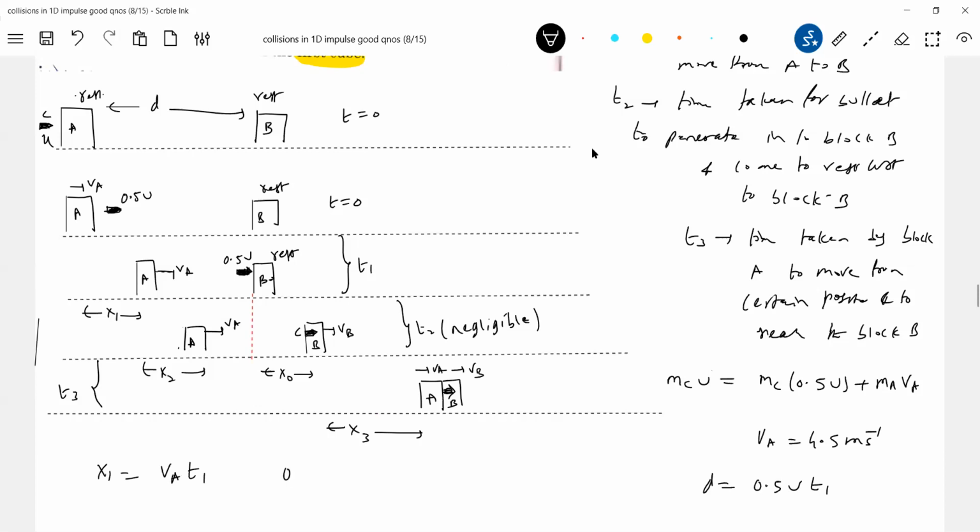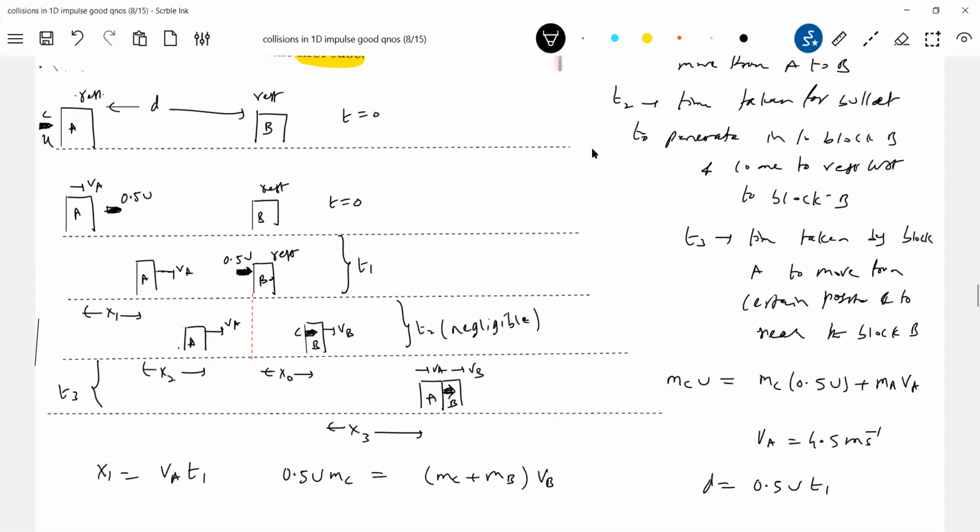Now, conservation of momentum between the bullet and the block B. What is the equation? 0.5u m_c should be equal to (m_c plus m_b) into v_B. The bullet plus the block B will have a combined velocity.